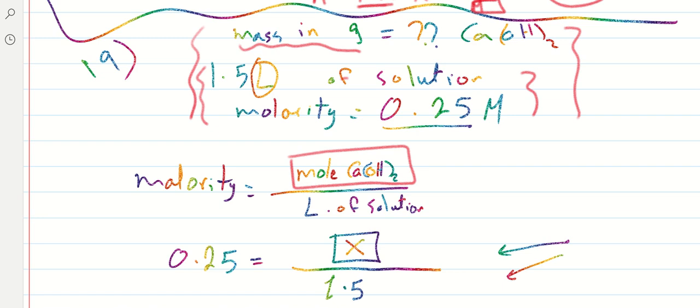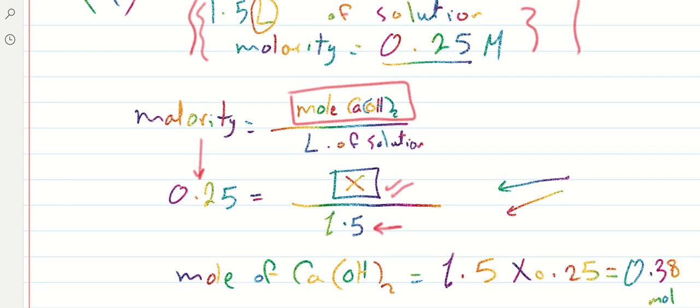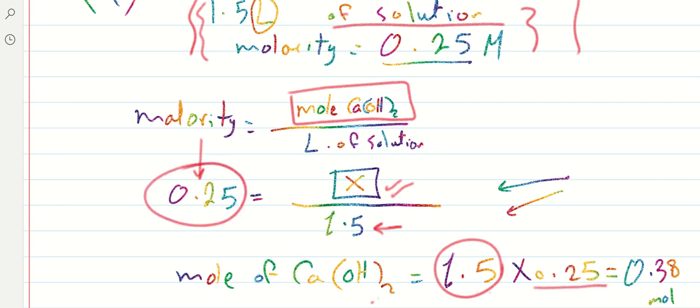So this is the molarity and the liter is 1.5. I can calculate X easily, cross multiplication. So X, which is the mole of calcium hydroxide, equals 1.5, which is the liter of solution, multiplied by 0.25, which is the molarity. And this is my answer.